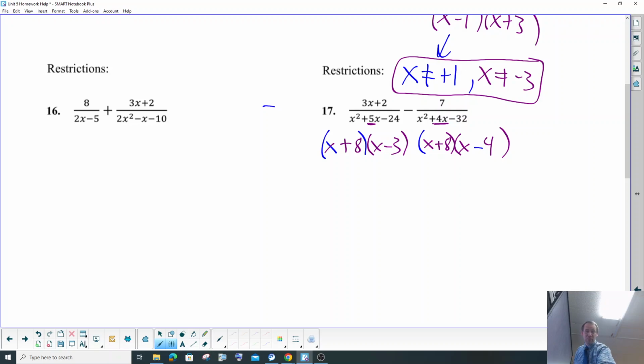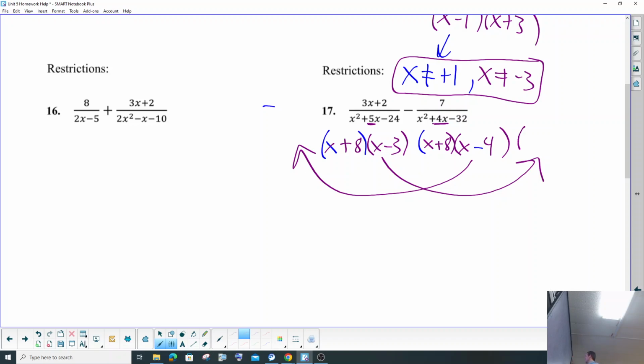They both have an x plus 8, but they're also both missing the other factor, right? So we're going to go ahead and multiply x minus 4 to that side, and multiply x minus 3 to this side. There we go.